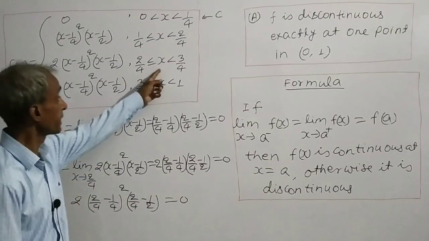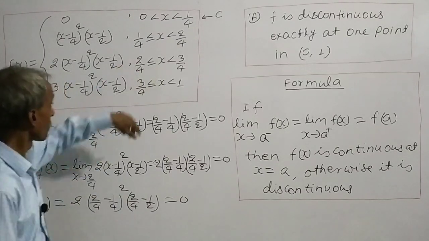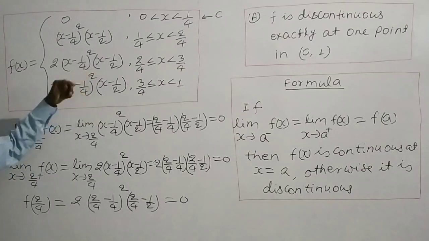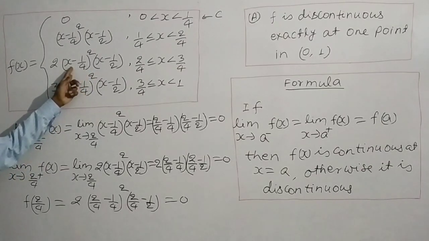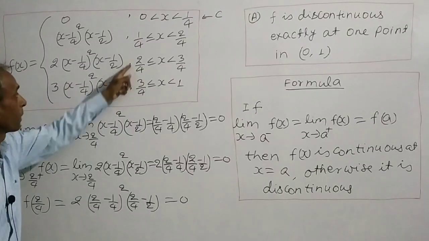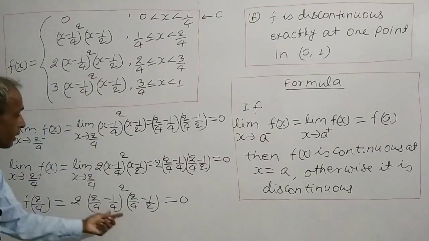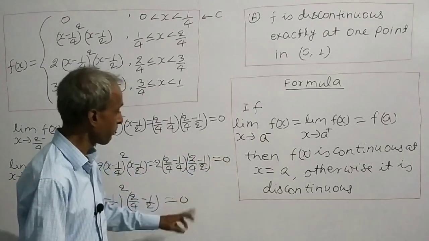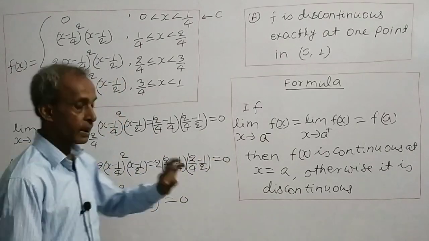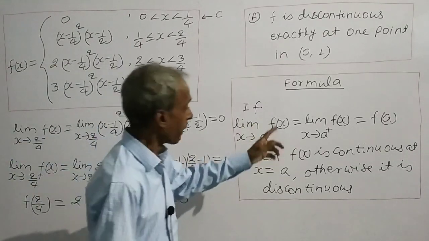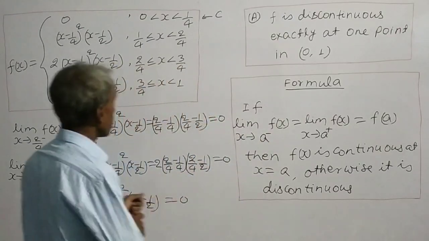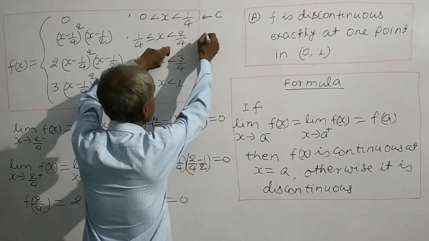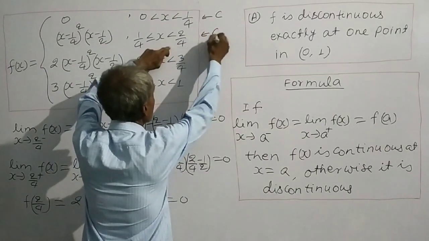When x is exactly equal to 2 by 4, f(x) is also given by this expression, and when we put 2 by 4 in place of x, we get 0. Since all these three numbers are equal, we can say that f(x) is continuous at x equal to 2 by 4.